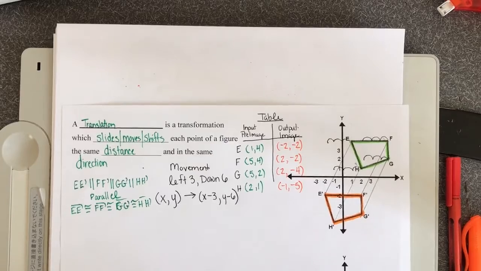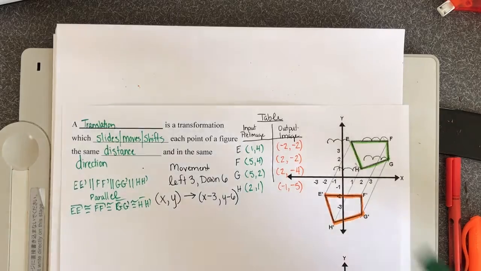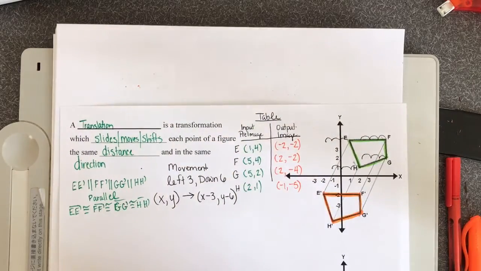So when we create translations, we're shifting the same distance in the same direction, up, down, left, or right. And all those segments we create from the original to the image are going to be parallel and congruent.